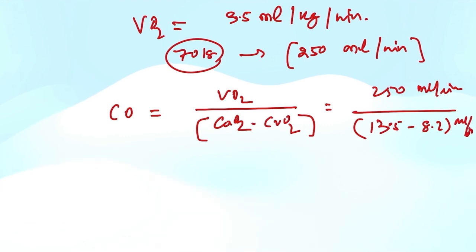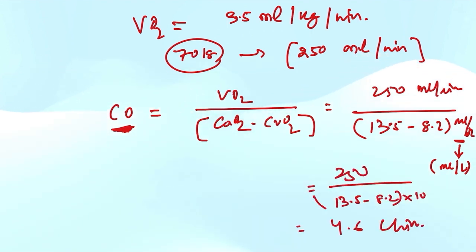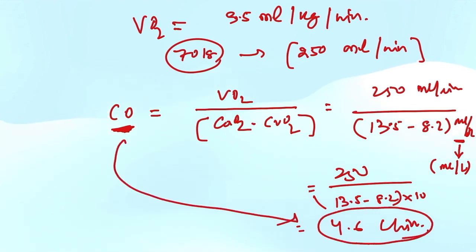So we will be multiplying this 13.5 minus 8.2 value by 10. So it becomes 250 divided by (13.5 minus 8.2) times 10. Upon calculation, we get a value of around 4.5 or 4.6 liters per minute.